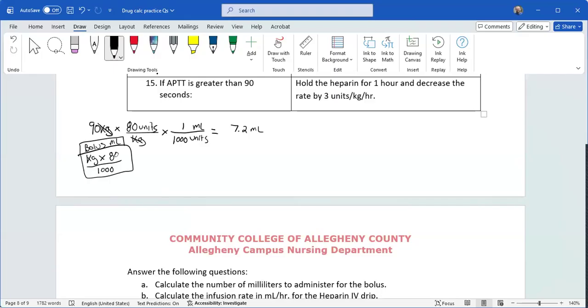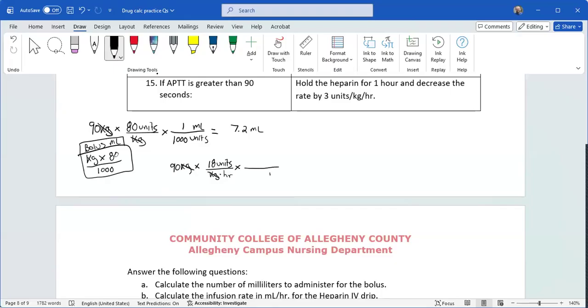For the infusion rate, again, you're going to take the patient's weight, 90 kilograms. It tells you to infuse at 18 units per kilogram per hour. And then we don't want units per hour. We want milliliters per hour. So I'm going to do the same thing.